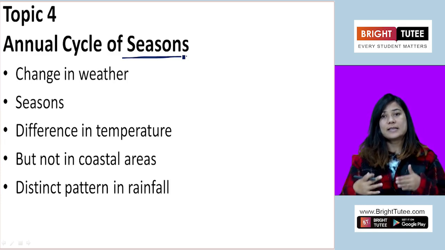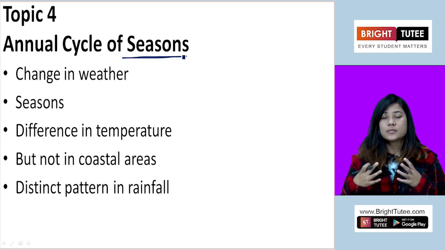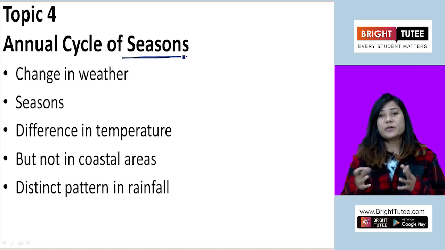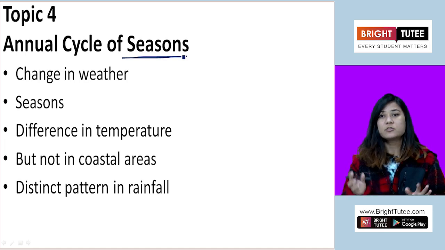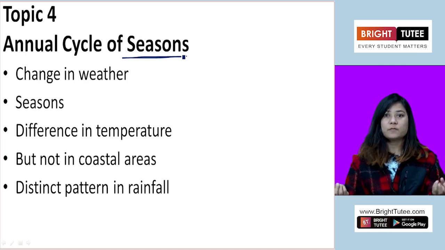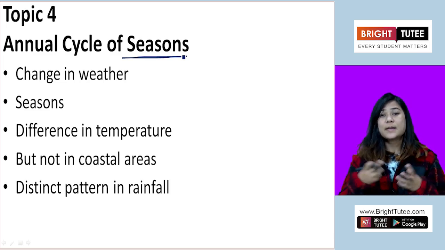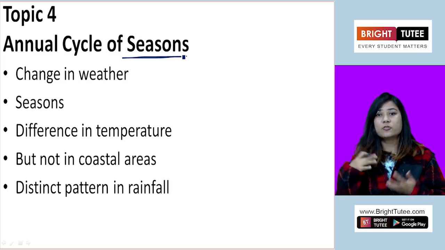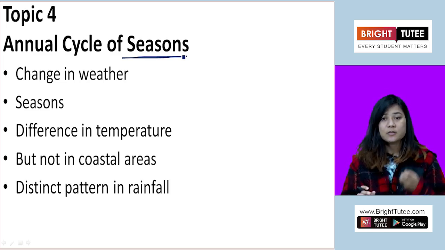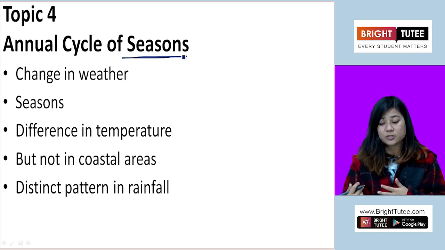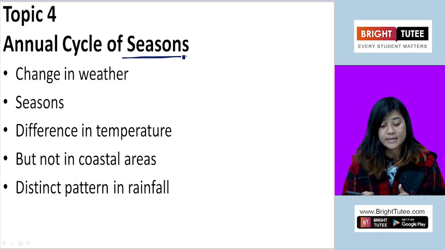We learned that in the peninsular or southern part of India, the temperature remains moderate because of the influence of the ocean and the sea which surrounds it. And if you come to the north, the temperature increases or decreases drastically. So the temperature is different from that of peninsular India.